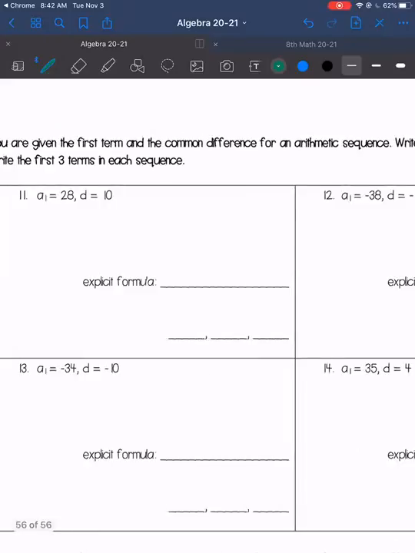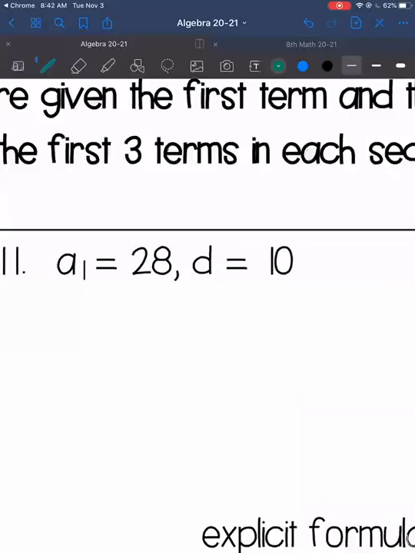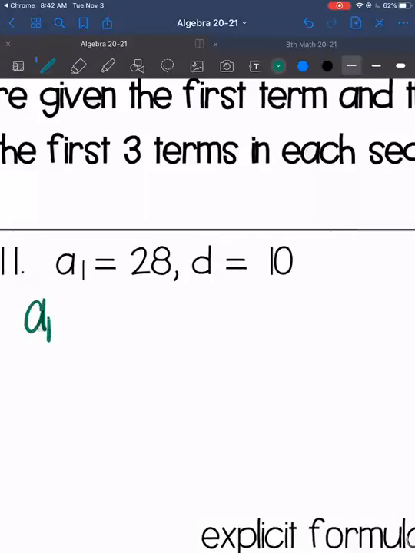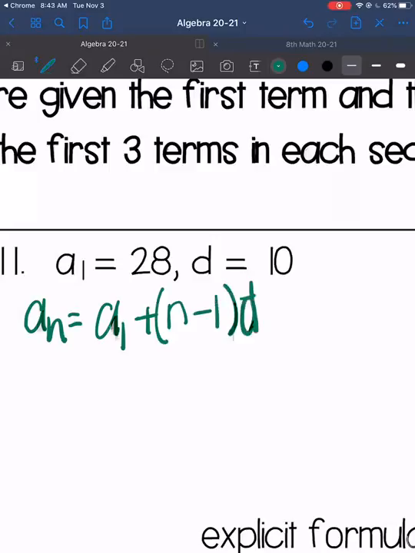So we're going to find the explicit formula for this. Our explicit is A sub n equals A1 plus n minus 1 times D. That's our explicit formula.